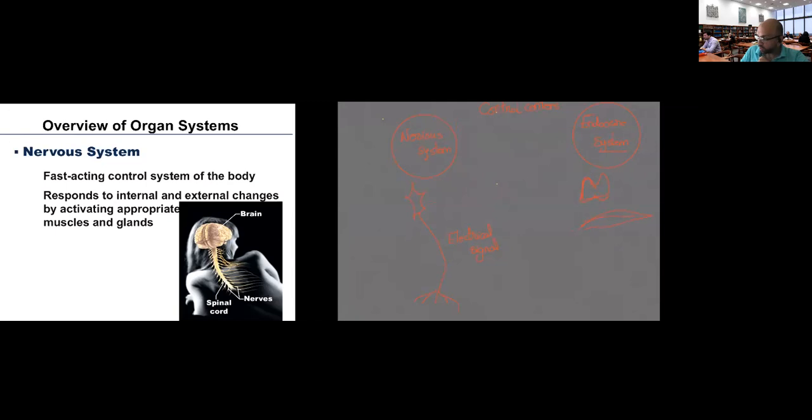Those are sending not electrical messages, but chemical messages that get released directly in the bloodstream. So they will be traveling in the blood to reach the organs, not directly connected to the organ by a nerve fiber. Those chemical signals are what we call hormones. For example, from the pancreas, I am releasing insulin, and the insulin will tell the cells to uptake the glucose, to get the glucose in.